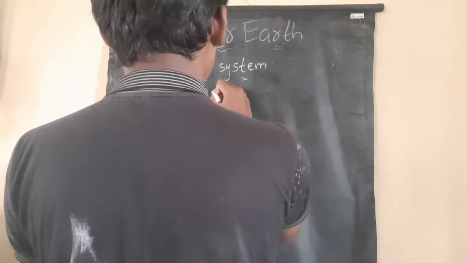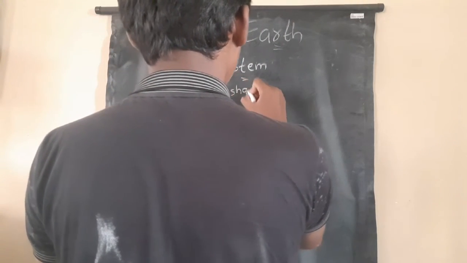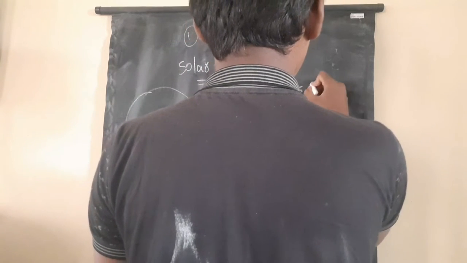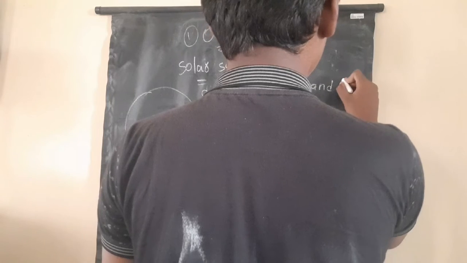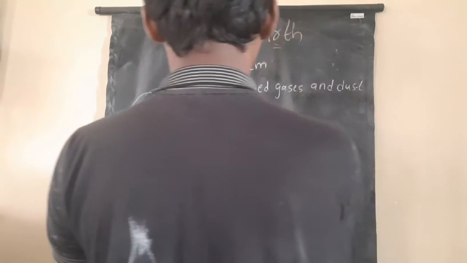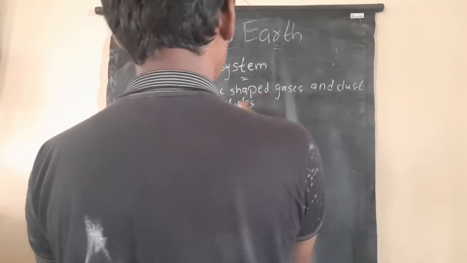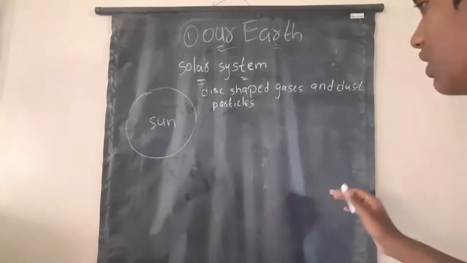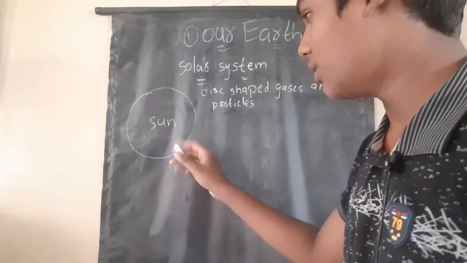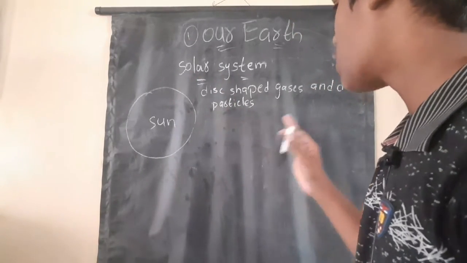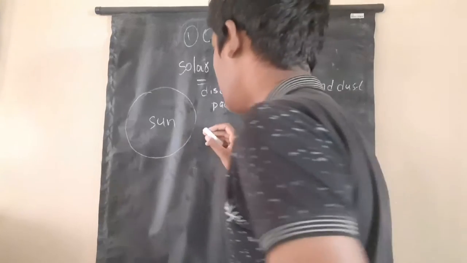They formed as disc-shaped gases and dust particles. How did the disc-shaped gas and dust particles form around the sun?